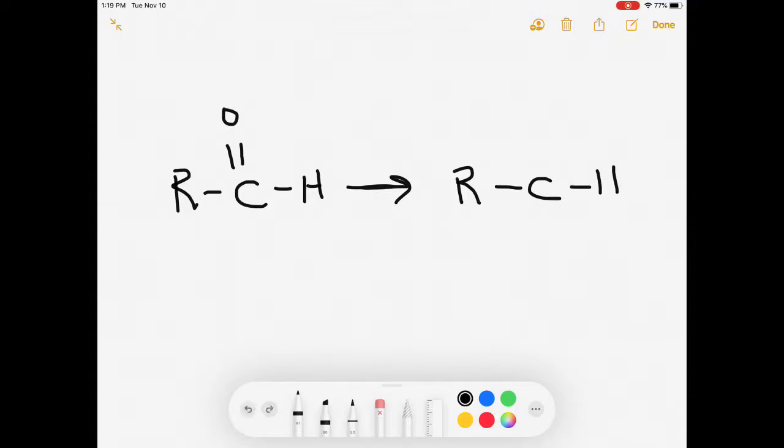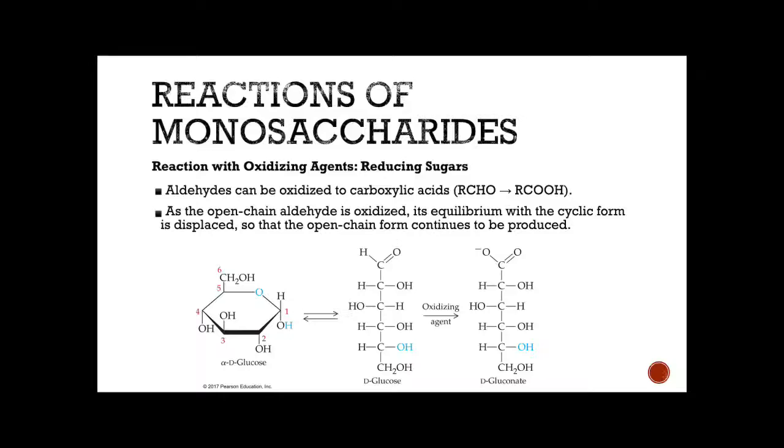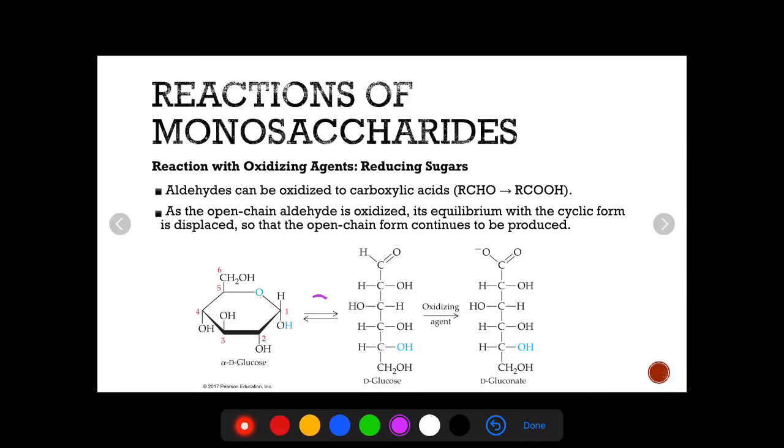Not the H, OH. And so that's what we're going to see happening in our monosaccharide. When the open chain aldehyde is oxidized, it displaces the equilibrium that was established between the open chain and the cyclic structure. You can see right here the equilibrium symbol.